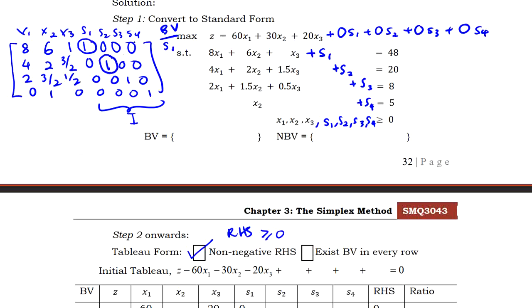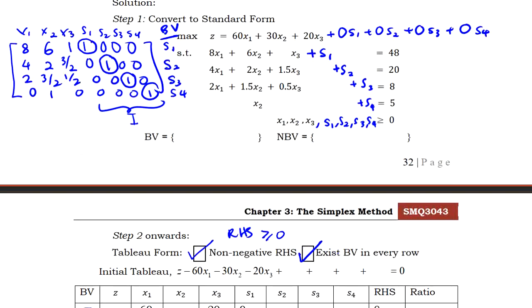Second constraint, S2 can become the BV. Third constraint, S3, and fourth constraint, S4 can become the BV. So there is a BV for each row.